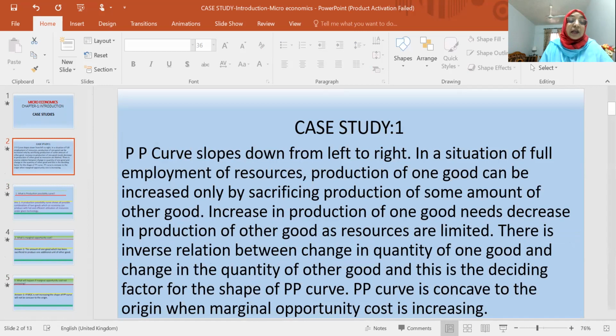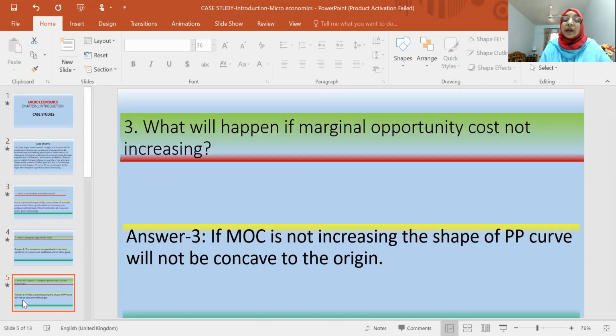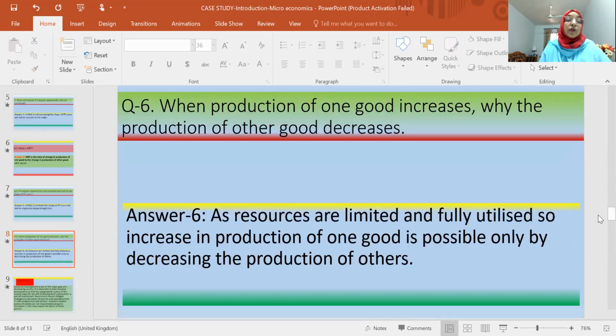So if MOC is not increasing, the shape of PP curve will not be concave to the origin, because the shape of PP curve will be concave to the origin only and only when MOC is increasing.